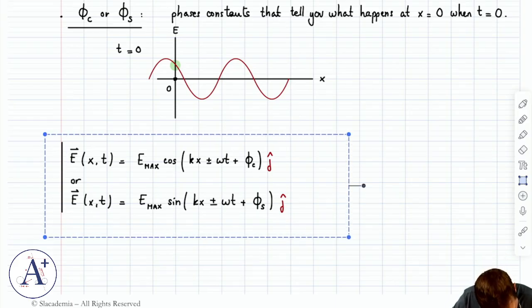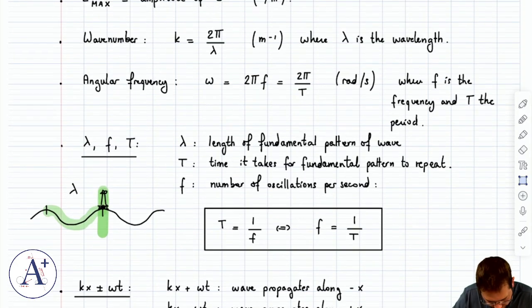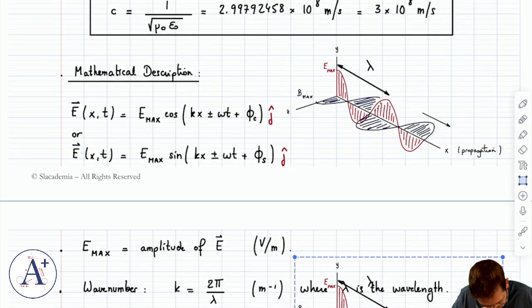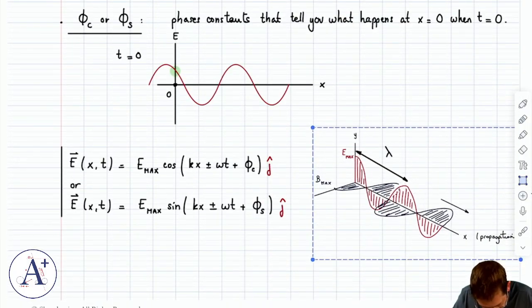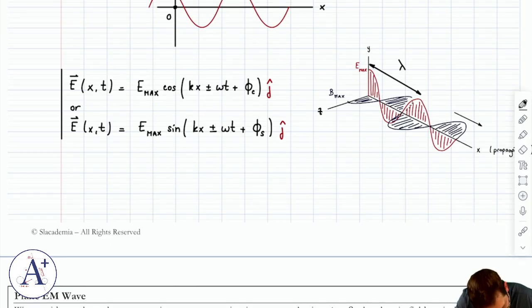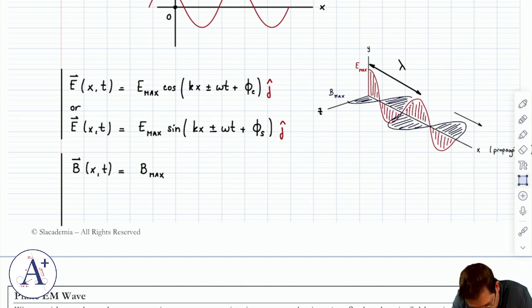Now, there we go. Let me just grab this again, just so that we remember that the magnetic field is oscillating along the direction z here. Once you have your electric field, your magnetic field is going to have the same form. So if you start with cosine for E, then B of x and t is going to be simply B max, but then it's going to be the exact same cosine.